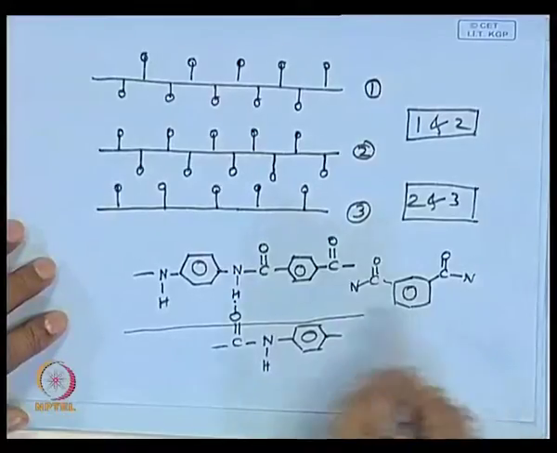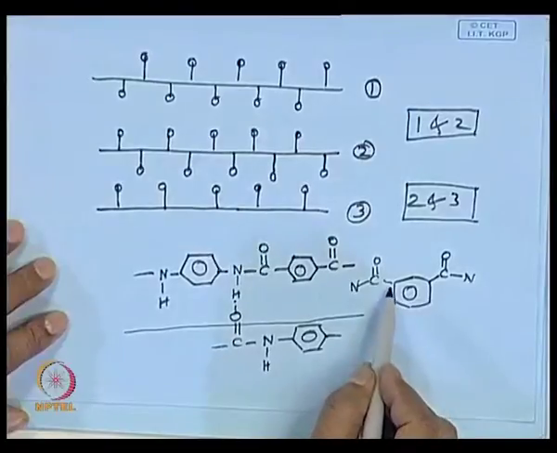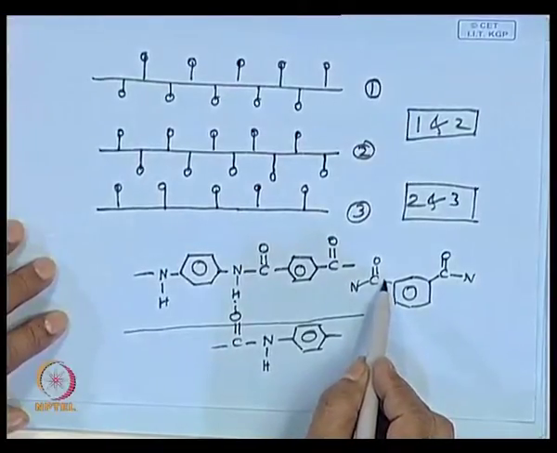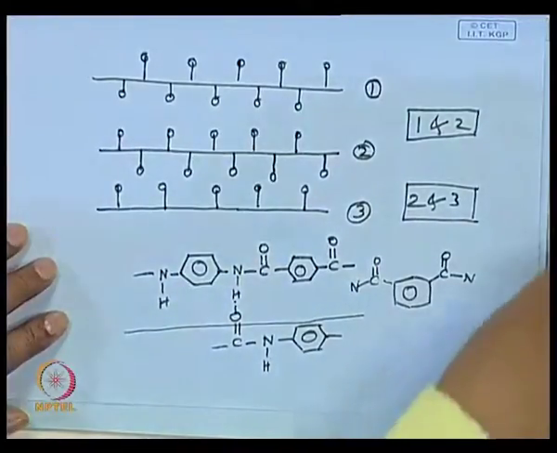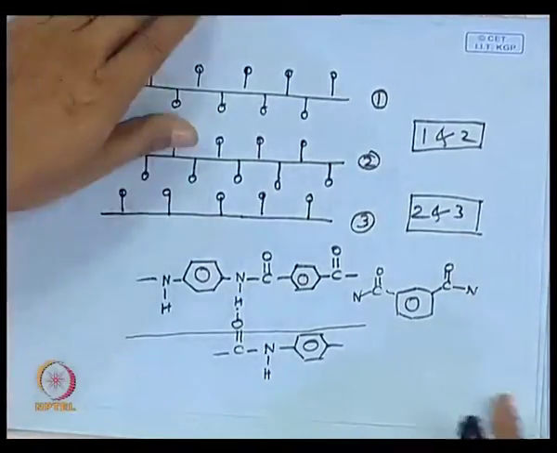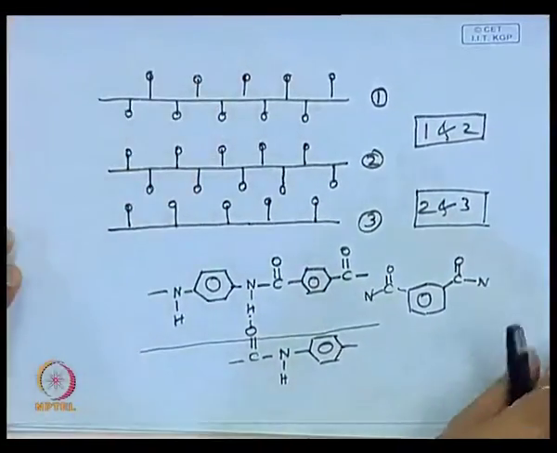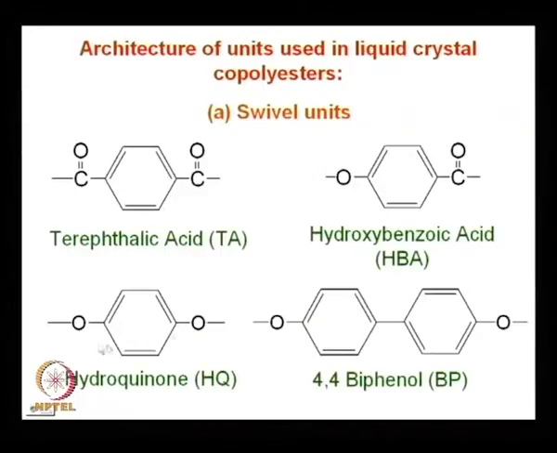This is less symmetric than this one, because this is a 2,5 linkage, whereas this is a 1,4 linkage. So, 1,4 linkage in a benzene ring can provide maximum molecular symmetry, and linear molecular configuration can be available from 1,4 linkage. So, in all these cases we find 1,4 linkage, and a linear molecular structure can be available from this kind of units.